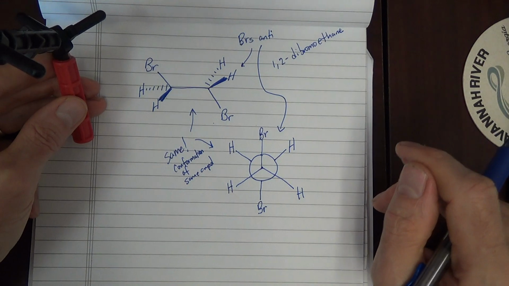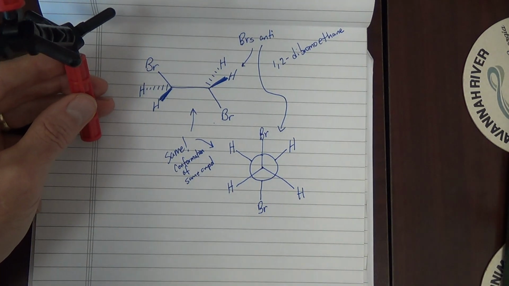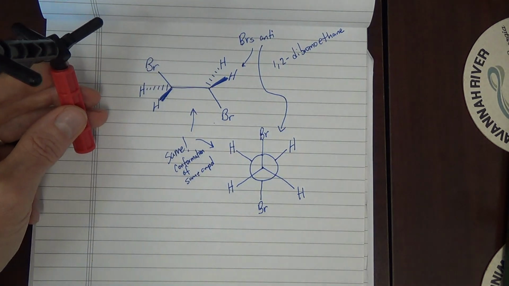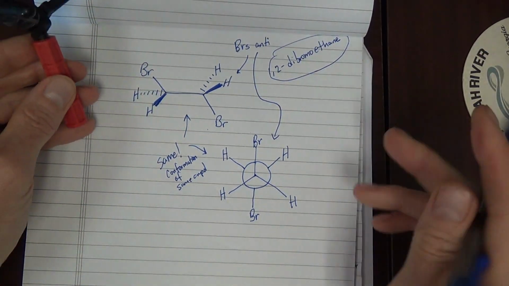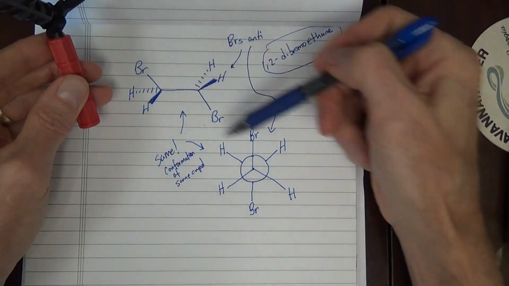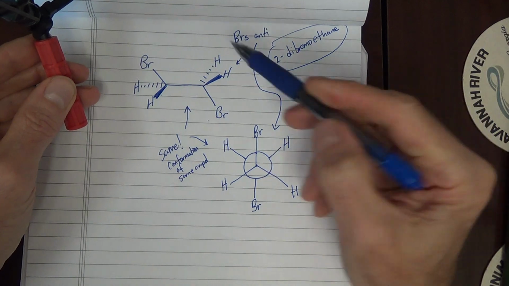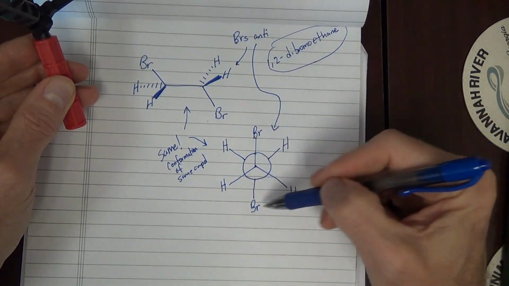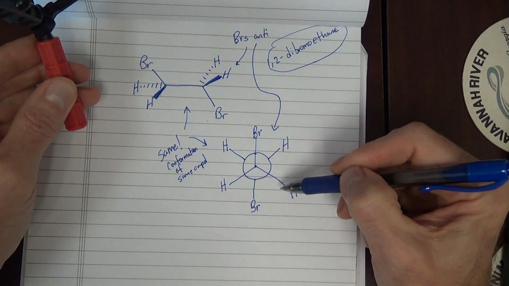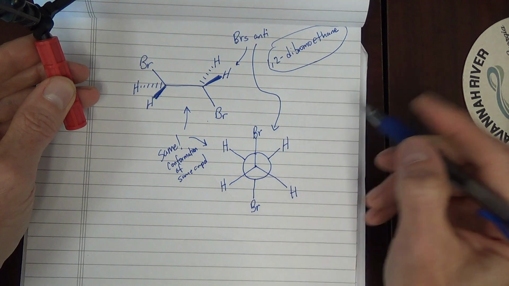Anytime we're doing conformations, one compound can have many conformations. This is one compound we're dealing with. Now this is the same conformation. The difference is a different view of that conformation. This is a perspective view, but it's anti. This is also an anti-conformation, but it's shown in a Newman projection, looking down the carbon-carbon bond.